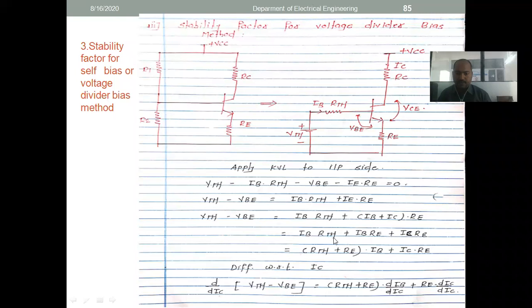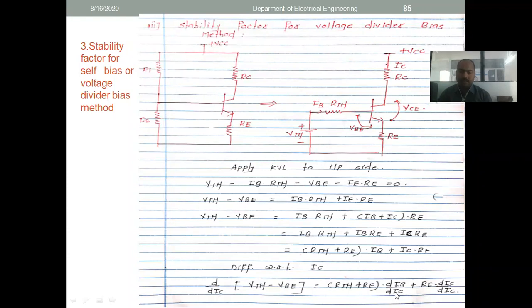IB is common between these, so taking it as common, IB into (RTH plus RE), and then second is IC into RE. Now when we calculate the stability factor, for that purpose we must differentiate the equation with respect to IC.